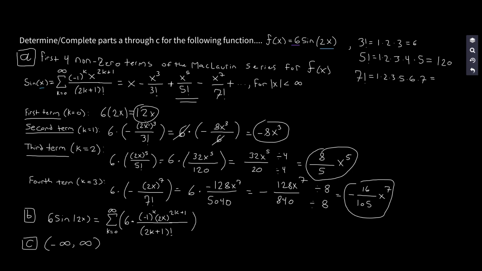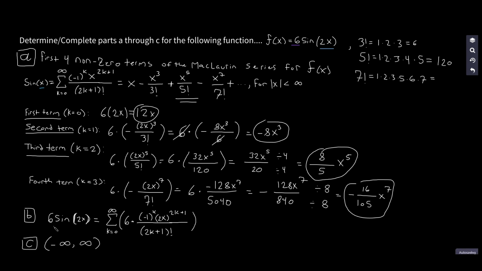Anyway, so the fourth term at k equals 3 is going to be negative 16 over 105 times x raised to the seventh power. Then to write it out in summation notation, let me be clear, that looks like a 1. It's supposed to be a parentheses. I gotta make it symmetrical here.